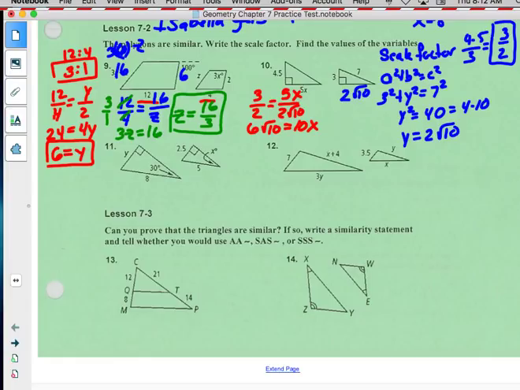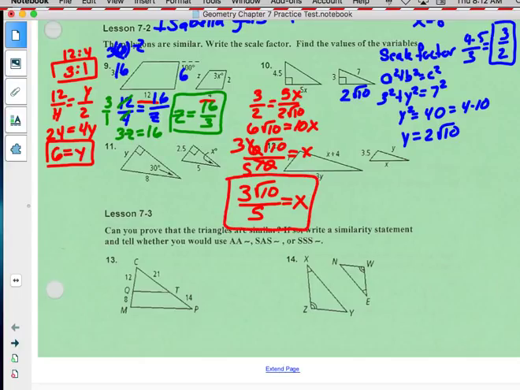And I'm able to find out that my x value, which is 6 square root of 10 divided by 10, is equal to x. And this is 3, this is 5, so it's 3 square root of 10 over 5 as my answer for x. Okay, and I can pop that in my calculator if I want to. I don't have one right here as I'm working.